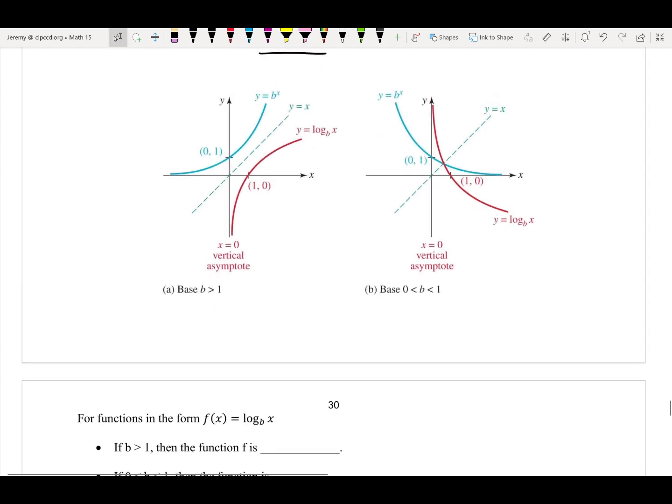So something I want to point out here is, remember, for exponential functions, generally for the parent functions, we have a horizontal asymptote at the x-axis, or the line y equals 0. So for our logarithmic functions, we will have a vertical asymptote at the y-axis, or the line x equals 0.